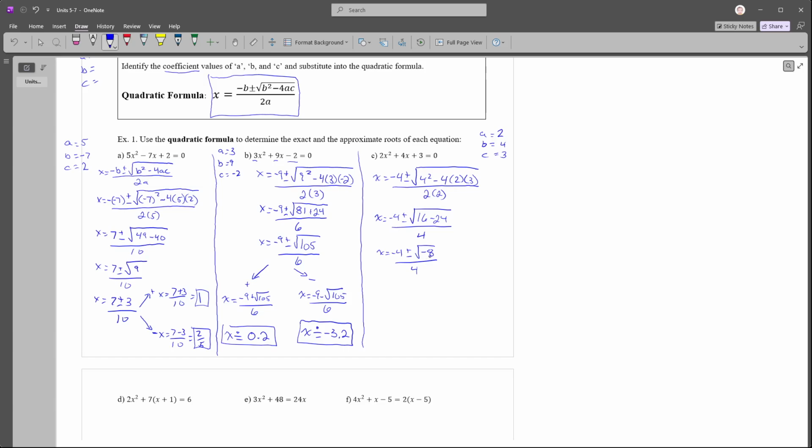So this is what we call an imaginary number. You're like, what? What do you mean an imaginary number? There's more to this than just this explanation, but you'll learn more of that later on. But for now, whenever you have a number that is less than 0 underneath that square root, this is what we call imaginary.